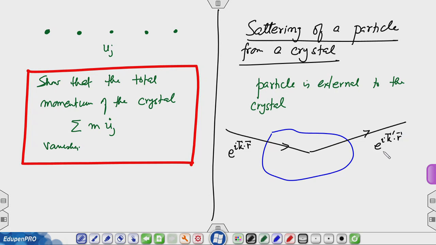And we want to know what is the probability of this happening and under what conditions does this happen. That is the problem. And what is it getting scattered by? It is getting scattered by, certainly, these atoms in the crystal, or equivalently, what I said earlier, these phonons whizzing around here. So, this particle comes in, collides with a phonon and then gets scattered. That is how we are going to picture this.